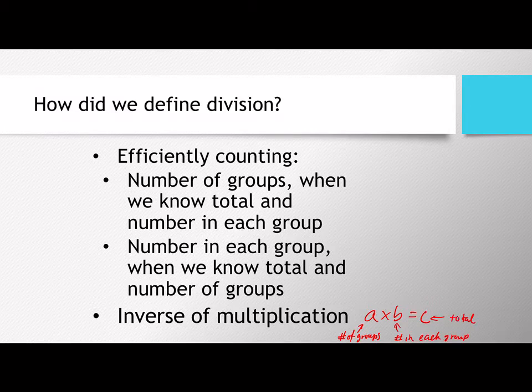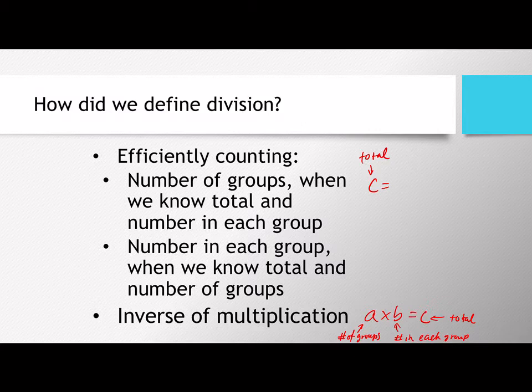That's the multiplication equation. Now, when you are efficiently counting the number of groups when you know the total and the number in each group, the total was C, and I don't know the number of groups, that is, I don't know A.